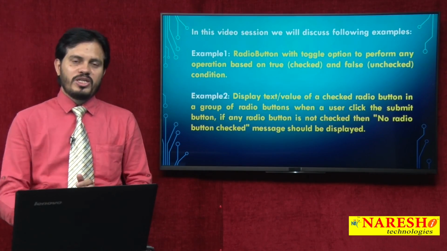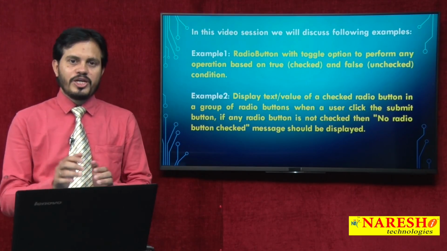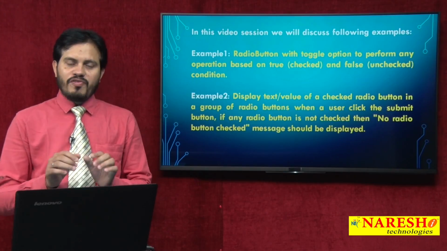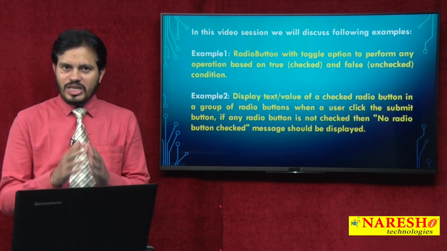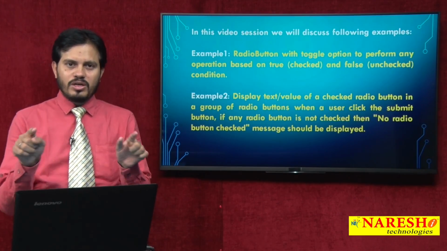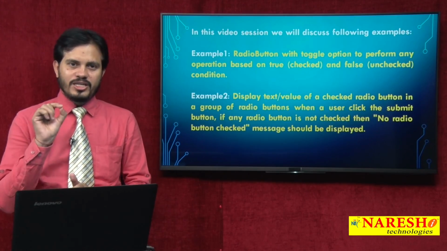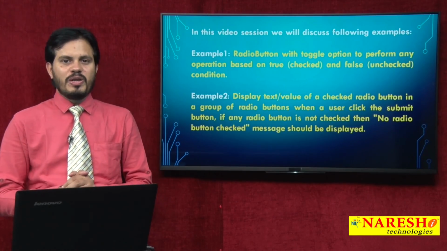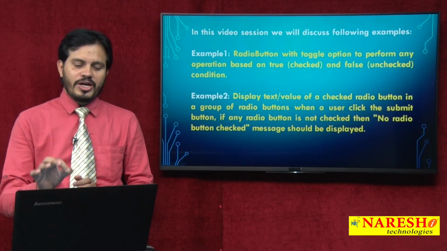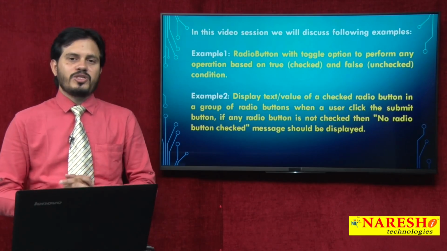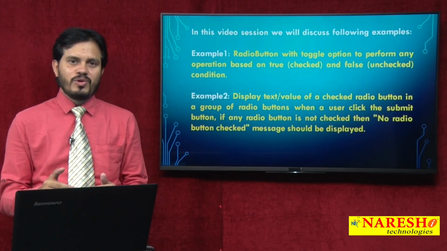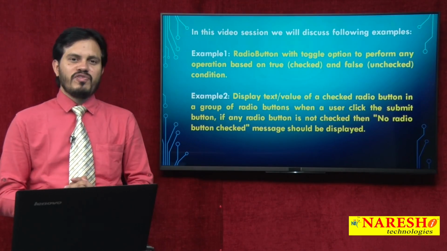If the user clicks on the submit button, the checked radio button should be displayed. If the user did not select any option among the group and clicks on the submit button, then it should display the message "no radio button checked" on the HTML page. So these two examples we are going to elaborate using jQuery functionality.